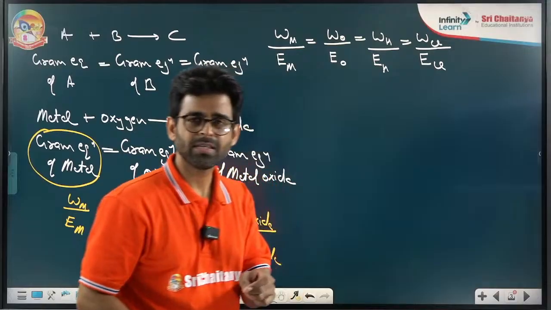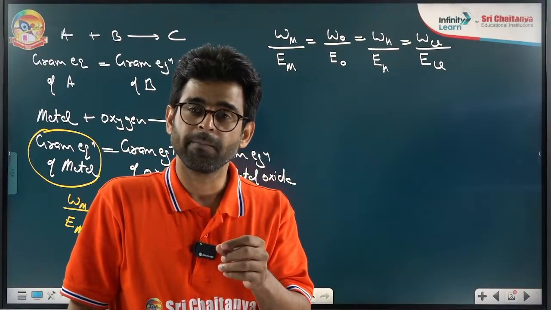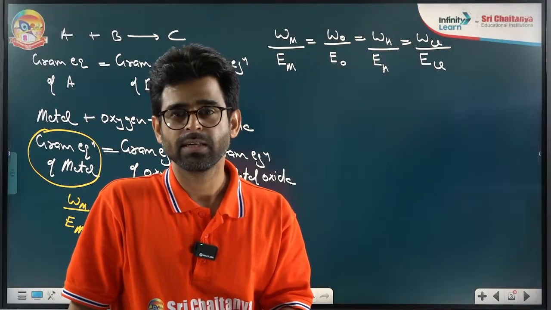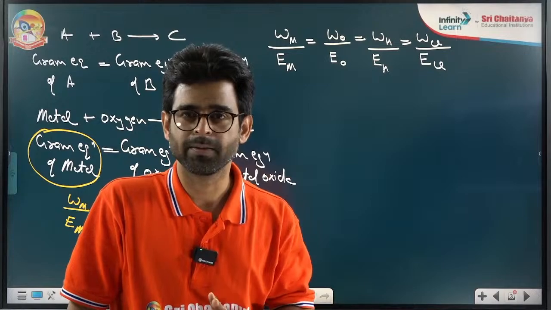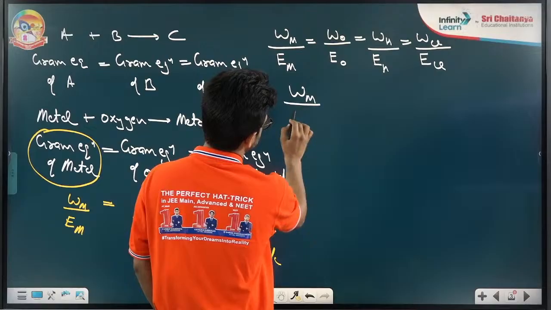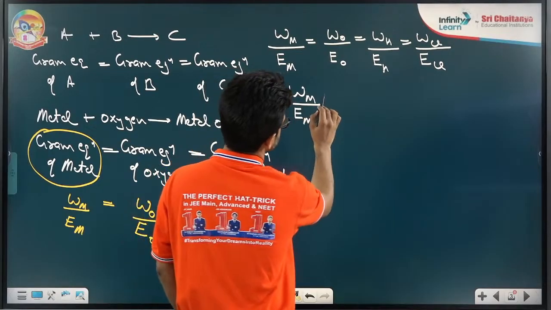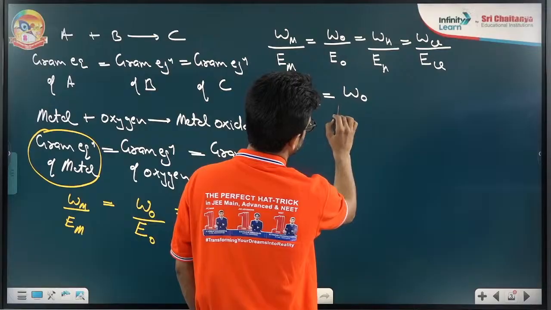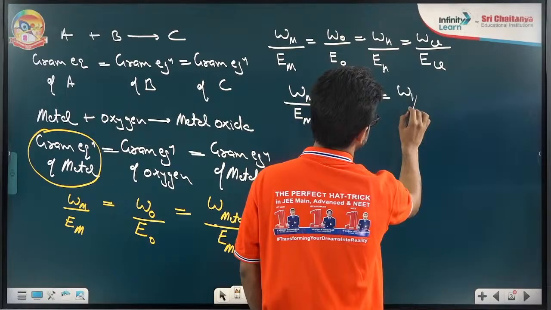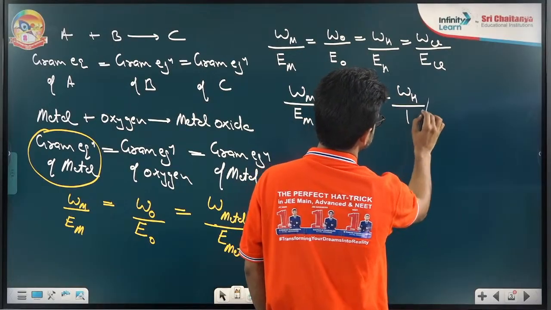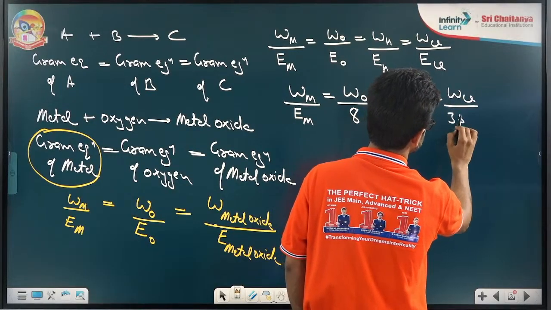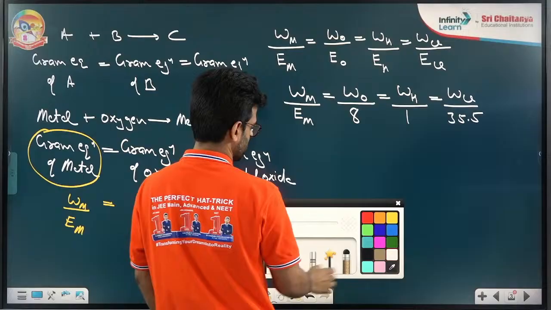They can give the question in any way, in the form of oxygen, chlorine or hydrogen. So you can use any of these, whatever is given. We know this very well: Wm by Em here, and here they will give the weight of oxygen, and the equivalent weight we already know is 8. For hydrogen, it is 1, and for chlorine, it is 35.5.